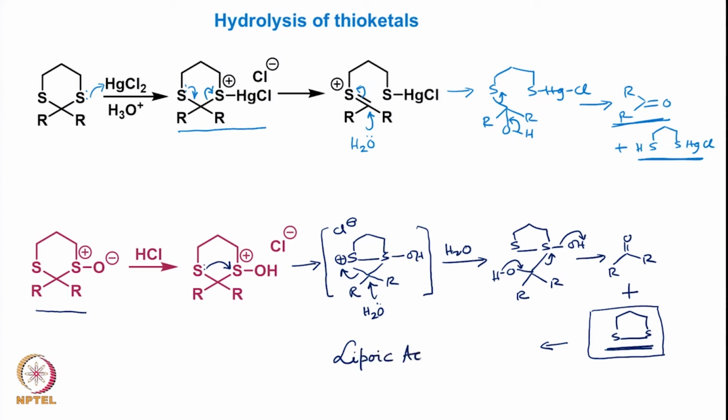It is a very important molecule, and the synthesis of that in a very nice fashion has been reported by making use of this kind of reaction, where the emphasis is not on the ketone, but on the side product, which is this dithiene SS bond containing a 5-membered heterocycle moiety.